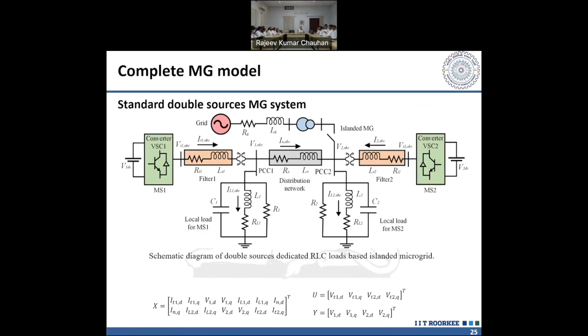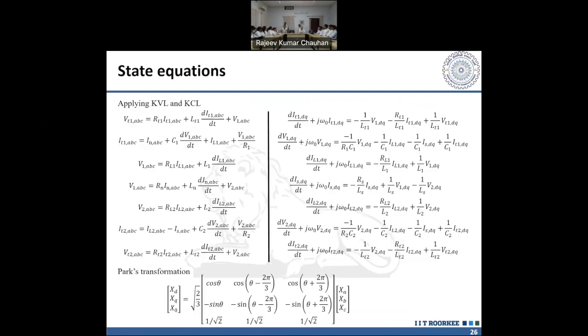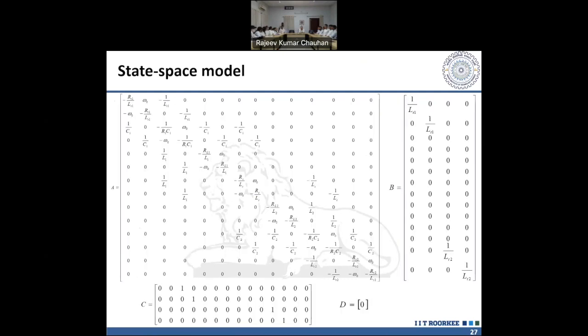From a research point of view, not only can the direct model be solved, but other techniques like model reduction can also be utilized. So that is the 14-state, all equations are here.